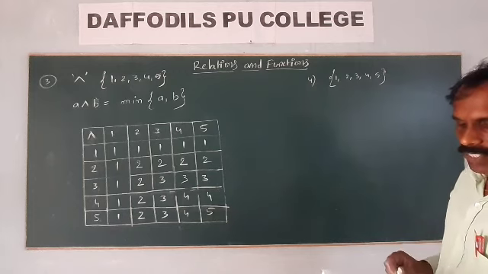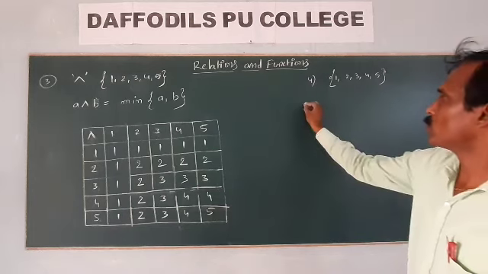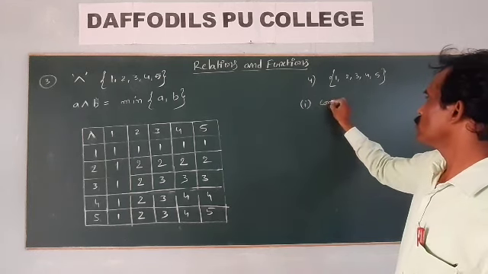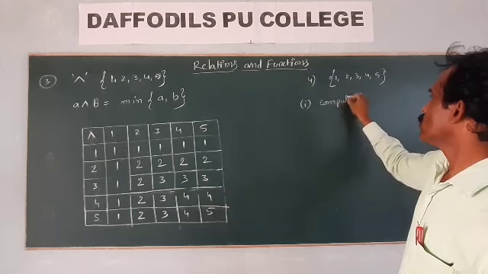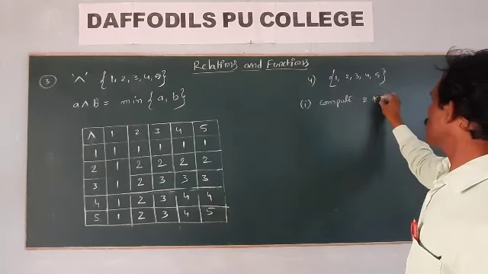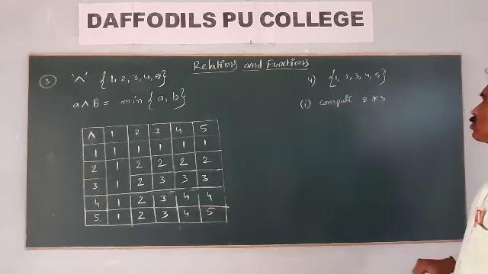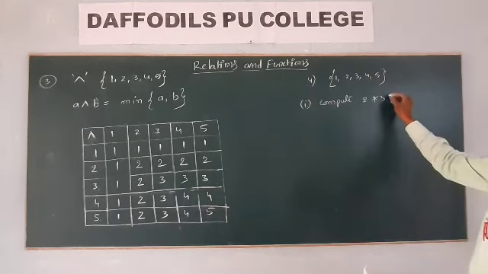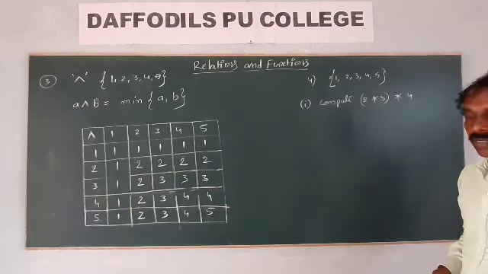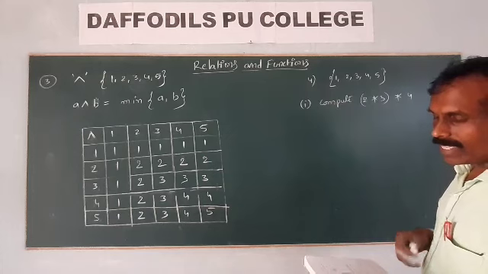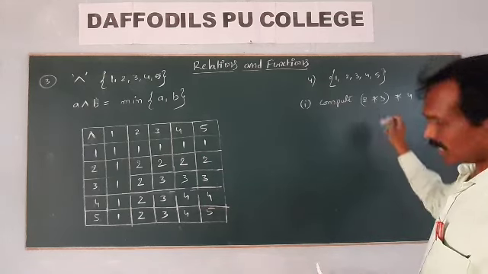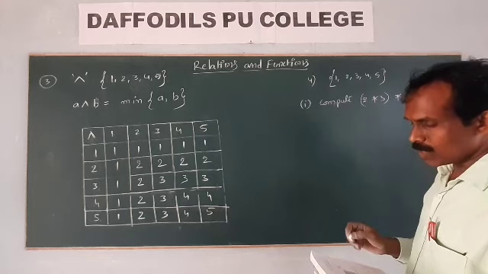In the problem, the multiplication table is given. Compute 2 star 3, bracket, star 4, and 2 star, bracket 3 star 4. A table is given in the problem.